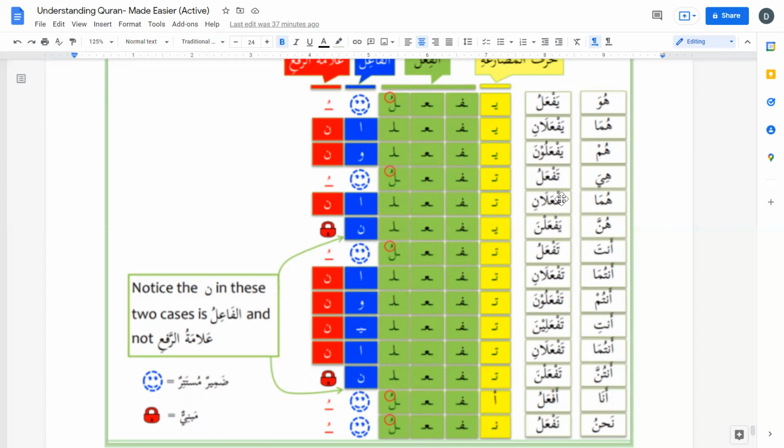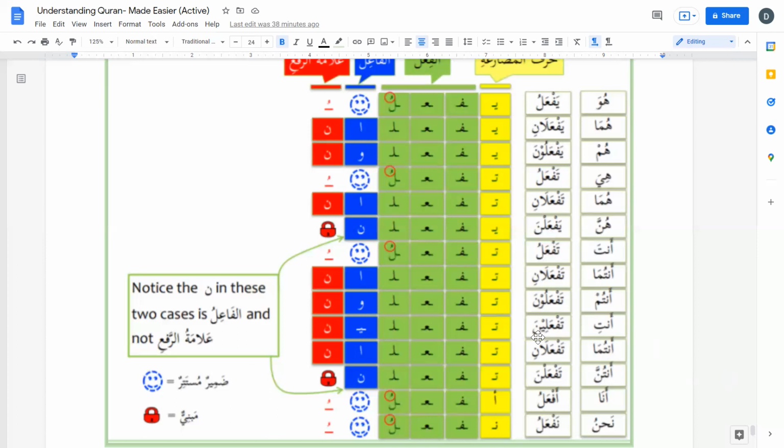And then for taf'alani, feminine, again alif is there. Again antuma taf'alani, alif is the doer.